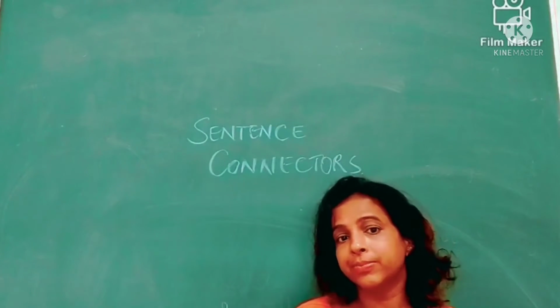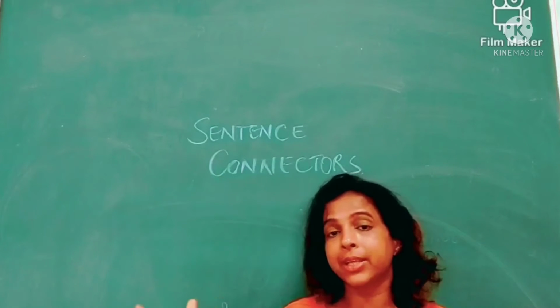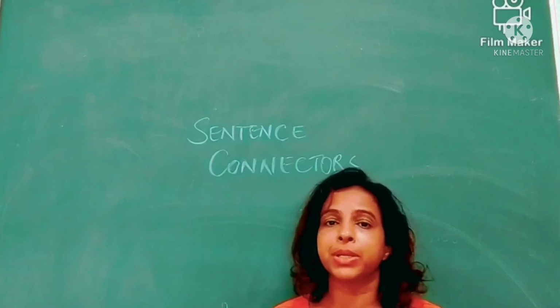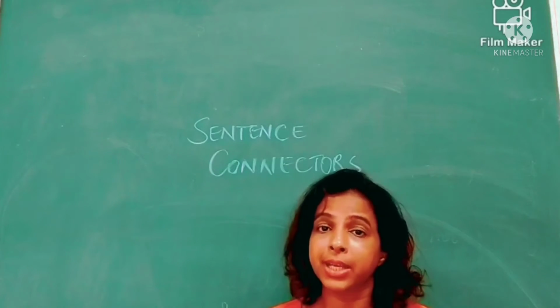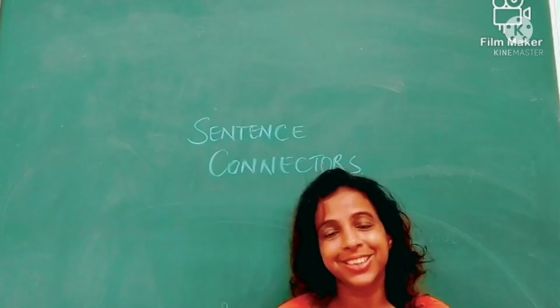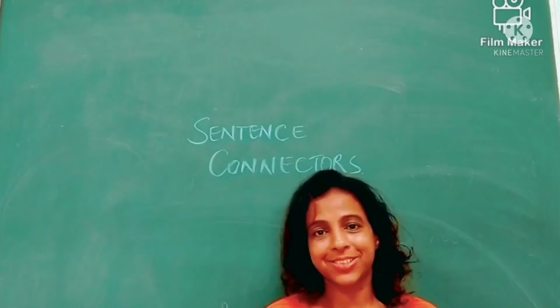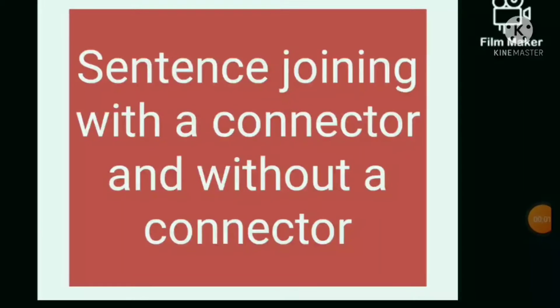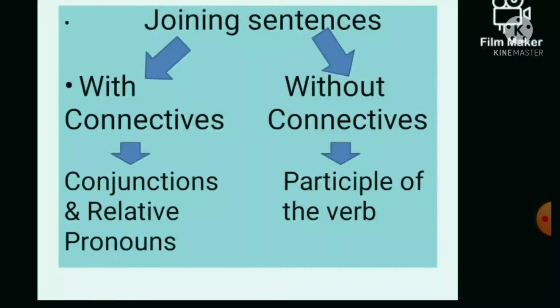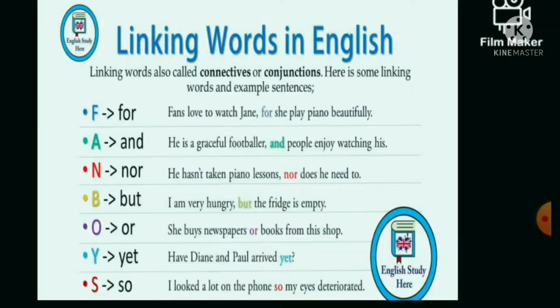So let's look at how we can connect two sentences or two independent clauses with connectors and without connectors, and we'll do it through the PowerPoint presentation. So we're doing sentence joining with a connector and without a connector. Now if you look at the slide here, joining sentences with connectors, you have two here, conjunctions and relative pronouns, as I said earlier, and without connectors, that is the participle of the verb.